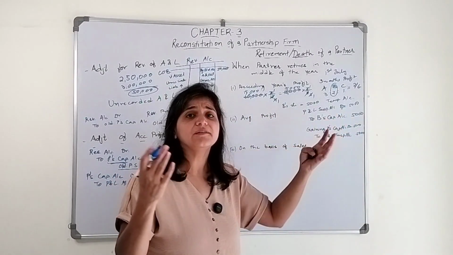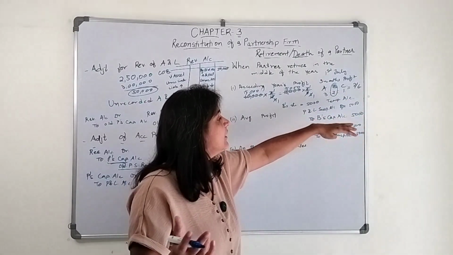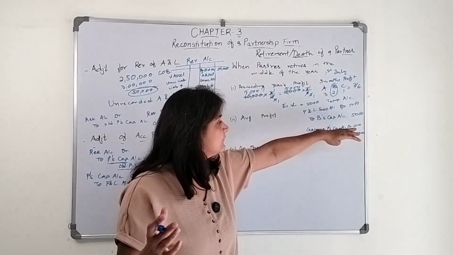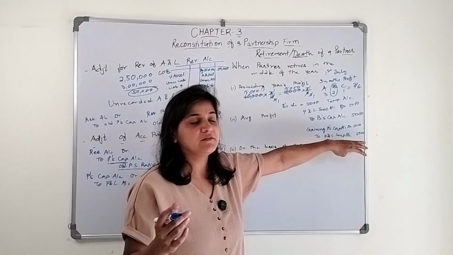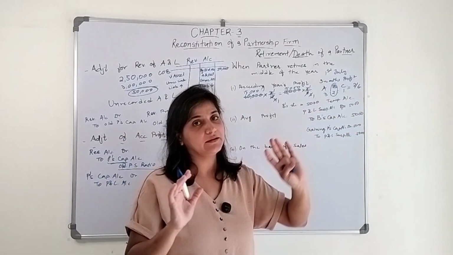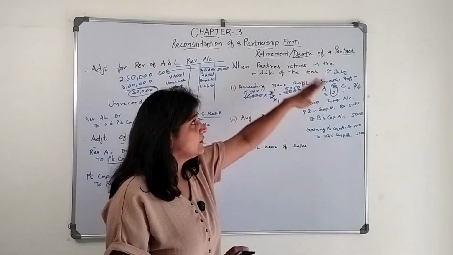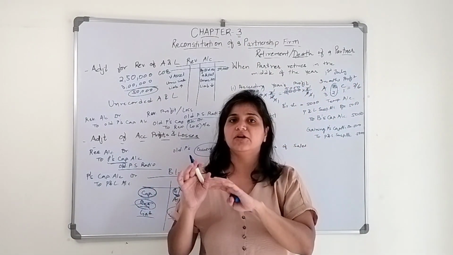Okay, because the gaining partners are going to receive that much amount of profit. So the profit and loss suspense account will be closed, and the gaining partners' capital accounts will be debited. So this is how we will pass the journal entry when the partner retires in the middle of the year.